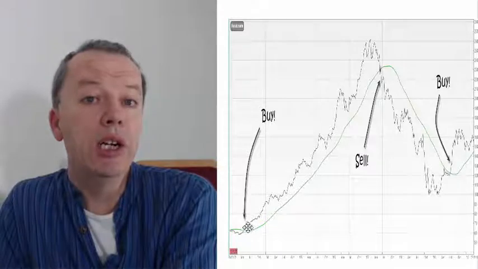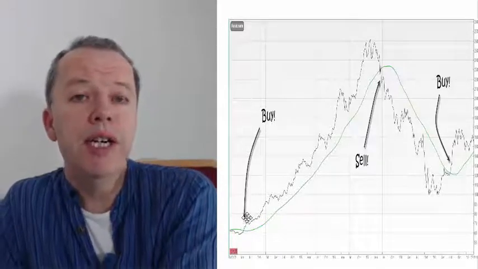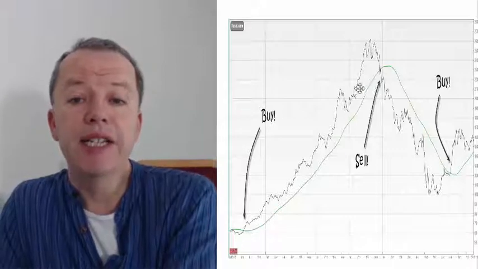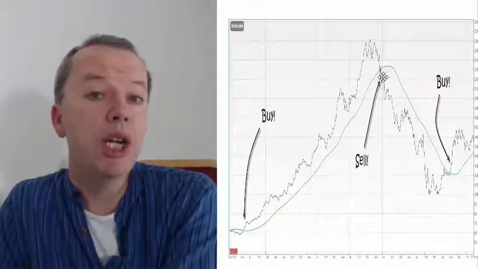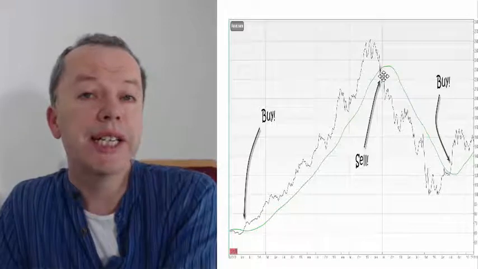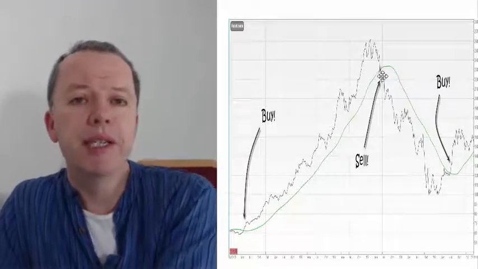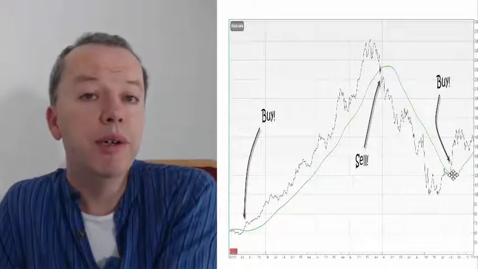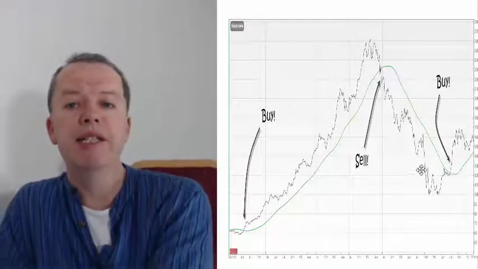When the price closes at the end of the week above the 52 MA, then I am fully invested in that asset class and I'll stay invested until the price closes below the MA 52, in which case I liquidate the investment, turn it into cash and stay in cash until such time as it pops up above the 52 MA again. So sounds nice and simple.